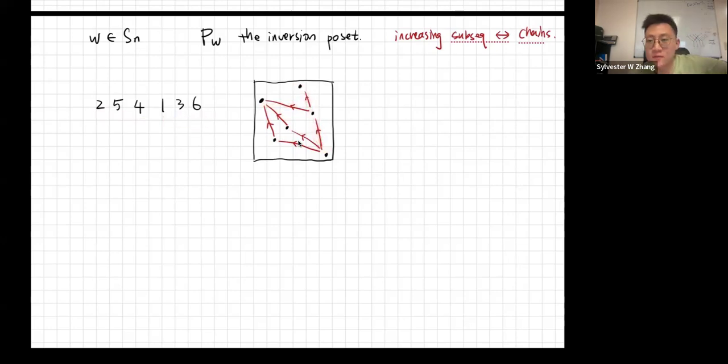And those are the chains. Okay. And there exist two kinds of labelings, two kinds of linear extension of the poset: one by column indexing and the other by row indexing.